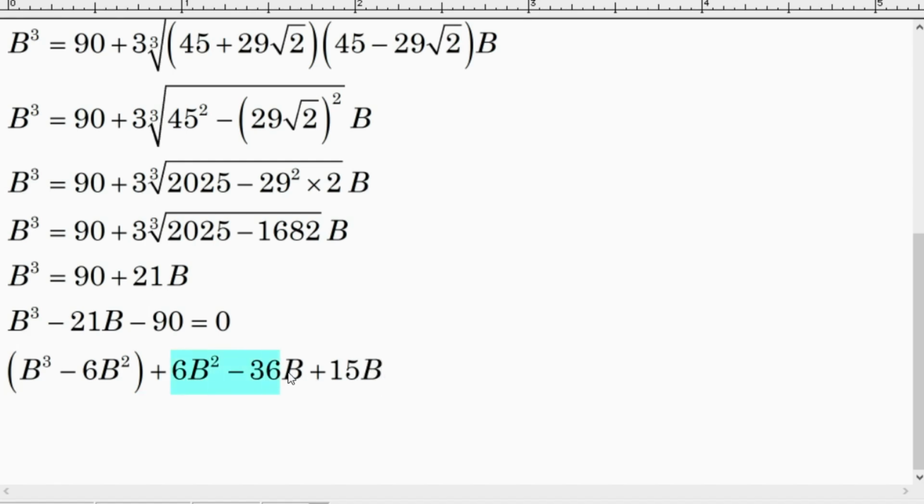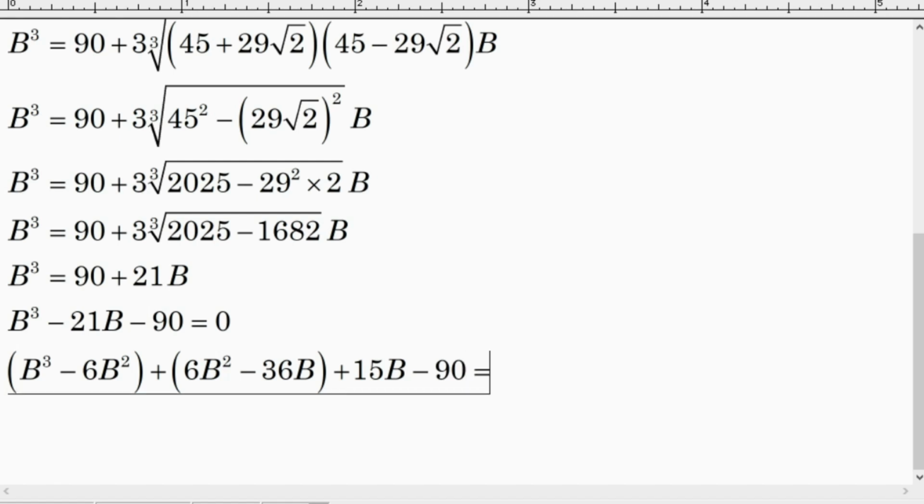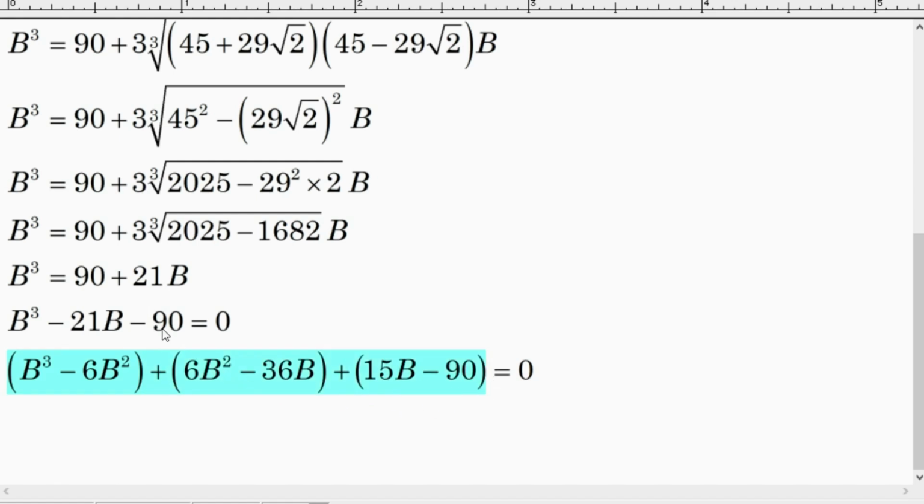So now we have another factor, and here we have 15b, and here what's left is minus 90 equal to 0. So after calculating, it is equal to this equation as well.